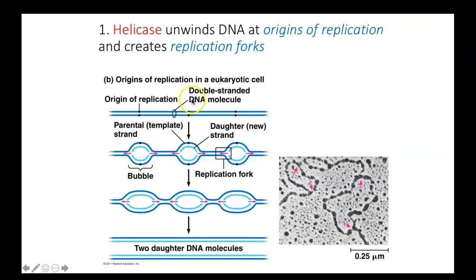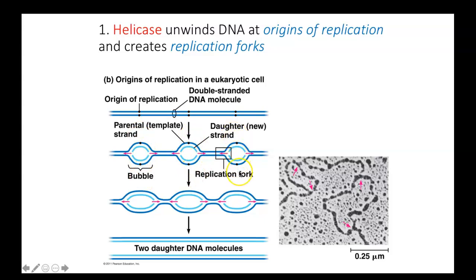So if you're looking at this picture, you're following it down. This is a multi-step process. Here is just your normal DNA, parent strand of DNA. At various points on that DNA strand, helicase comes in and unwinds and pulls it apart.